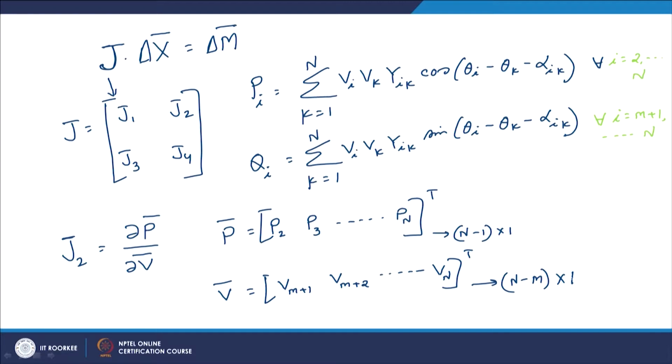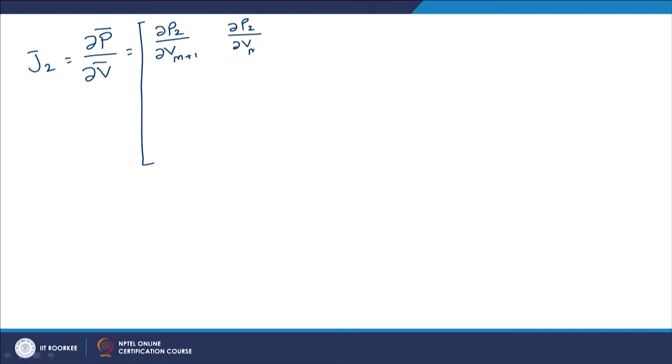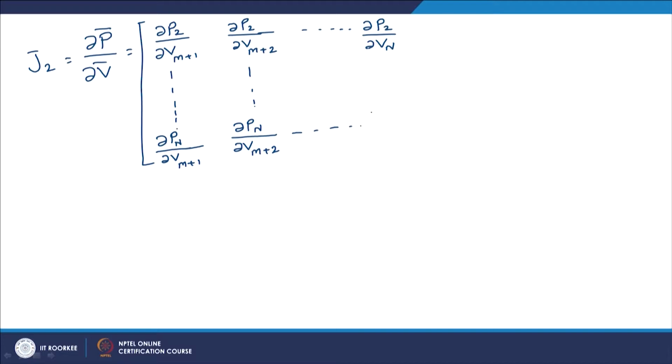So, then del P by del V would be the matrix with rows del P2 by del V(m plus 1), del P2 by del V(m plus 2), up to del P2 by del Vn, and it goes up to del Pn by del V(m plus 1), and so on until del Pn by del Vn.